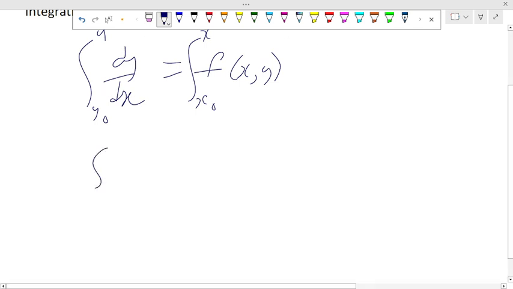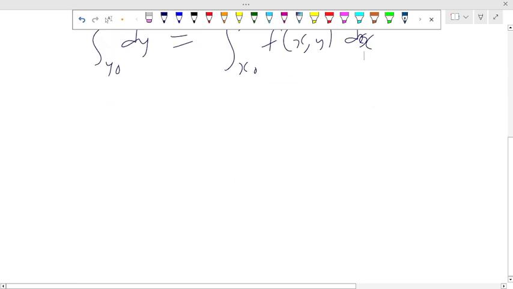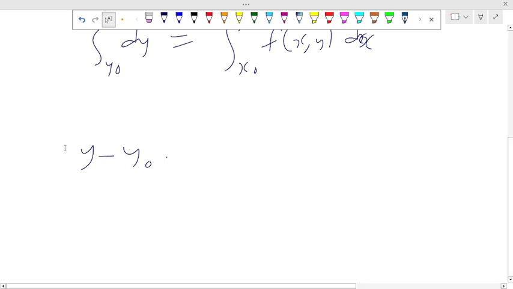We can simplify to have dy equals f(y, x) dx. Now, integrating dy will give us y, that is y from y0 to y.